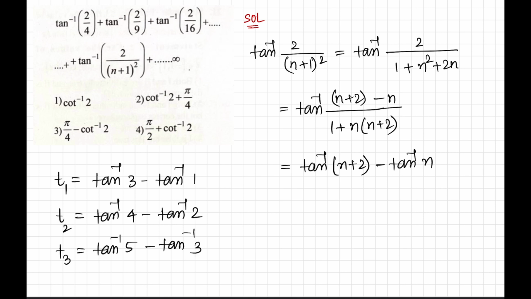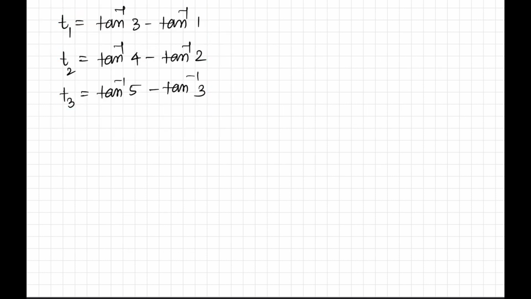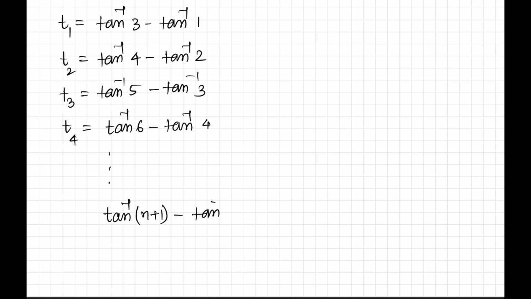So let us take these terms to the next page. If we further write a couple of more terms, T4, we will have tan inverse 6 minus tan inverse 4, and so on. We get tan inverse of (n plus 1) minus tan inverse of (n minus 1). Then we have tan inverse of (n plus 2) minus tan inverse of n.